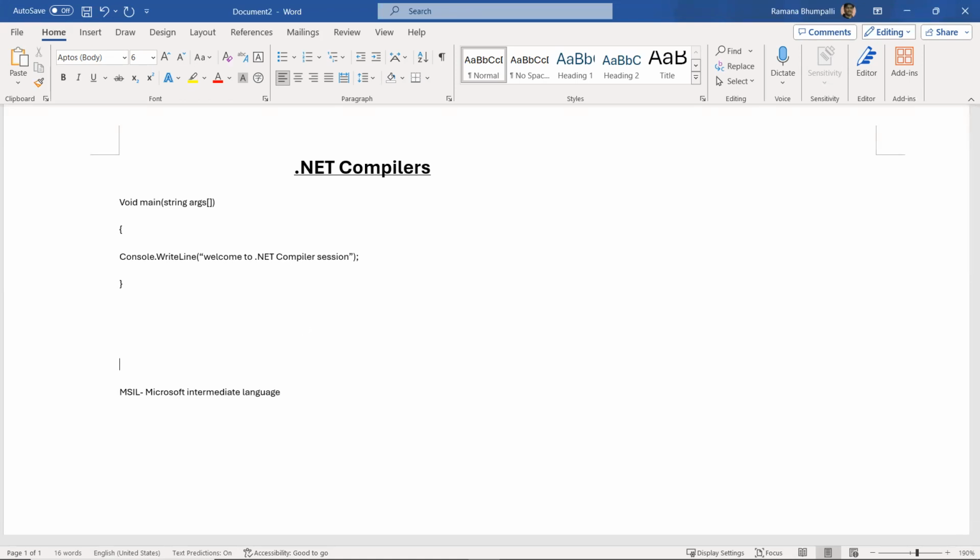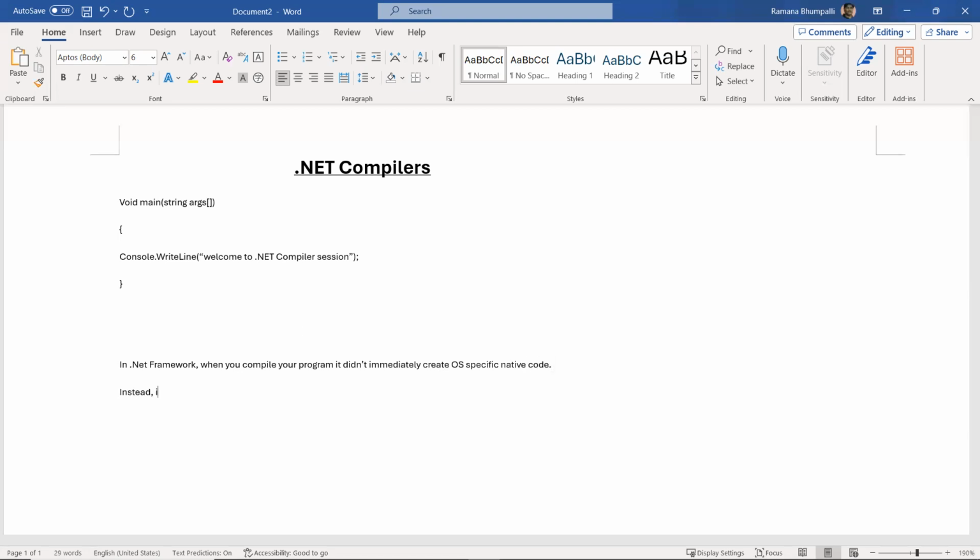Okay, so let me talk about this. In the .NET framework, when you compile your program, it does not immediately create OS specific native code.